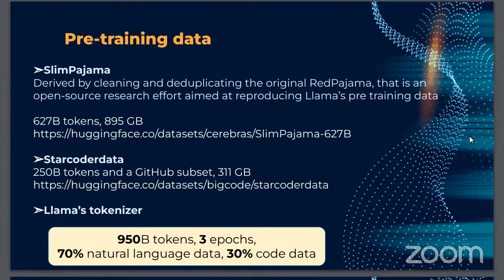It was also trained on the StarCoder data, which you can find on GitHub. In the SlimPajama data, it contains natural language data, while the StarCoder data contains mostly code data. And this data was split in a ratio of 70 to 30 to pre-train the TinyLlama model.